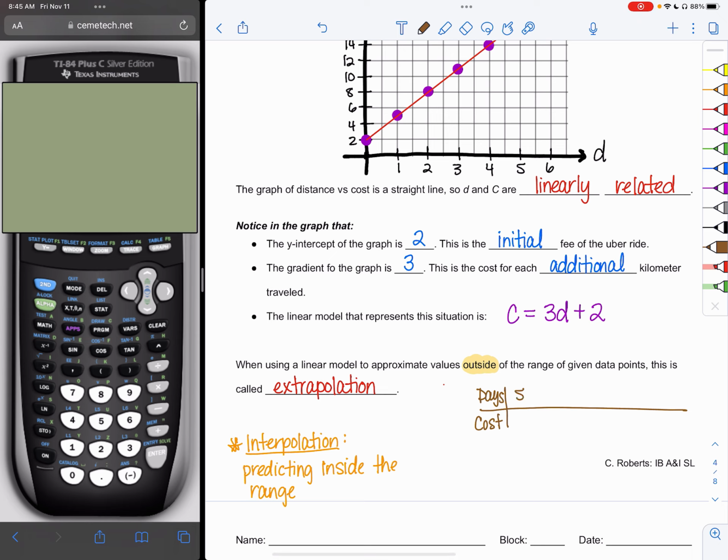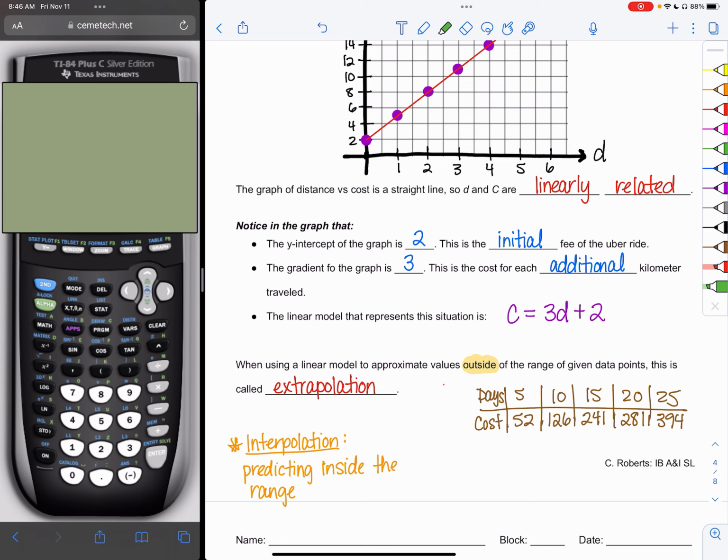So let's say I have 5, 10, 15, 20, 25 days, and the cost for leaving your dog at the doggy daycare for this amount of days is 52, 126, 241, 281, and 394.